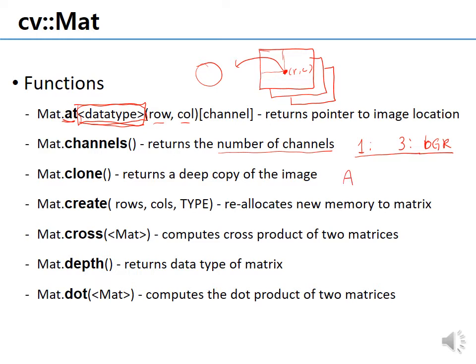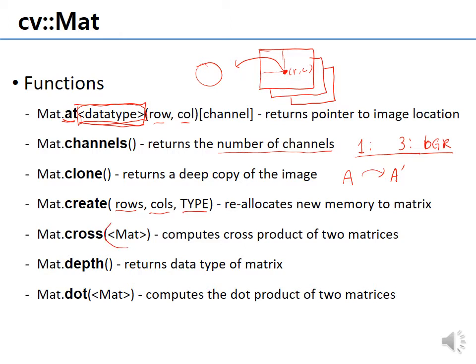And mat.create creates a new matrix with row, column, and type. And the dot cross computes the cross product of two matrices.